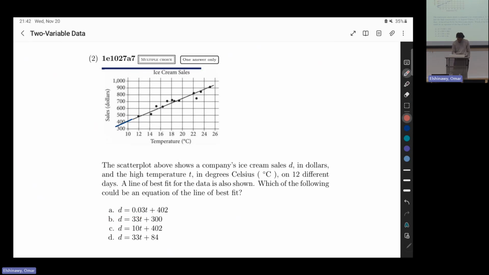It's definitely not 84. Because the y-intercepts will never be like this. Is this clear for everyone? Okay. Then I now need to focus on the slope because the y-intercepts are the same.